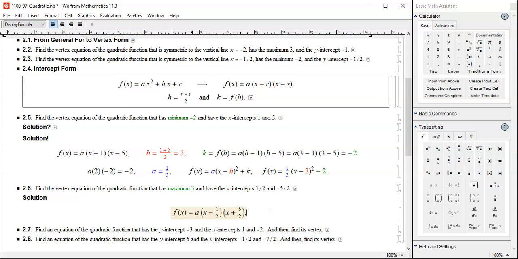And then whenever you have r and s, h follows immediately. 1/2 plus -5/2 over 2. And what is it? 4/2, -2 over 2. If I did it right in my mental math, h is -1.